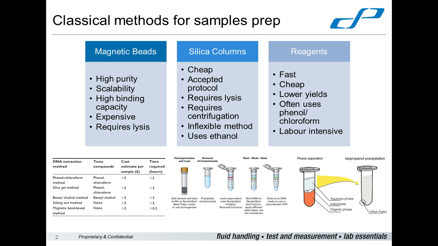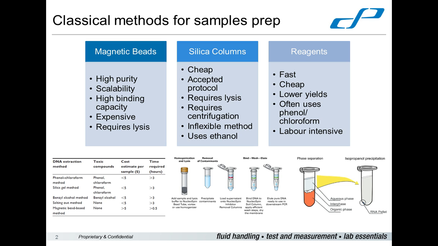Just as a recap, classical methods for doing your sample preparations and your sample extracts fall into one of 3 camps. You have a magnetic bead-based system, everyone's favourite, the silica column style, and then your slightly more old school, simplified means of just doing reagents only. Magnetic bead-based systems have a magnetic bead with a coating on it.